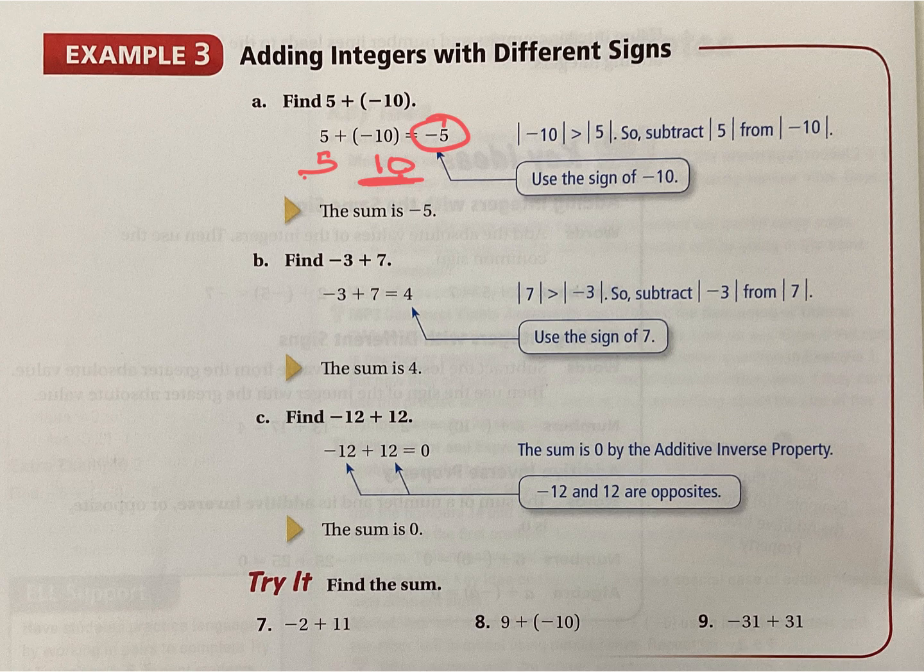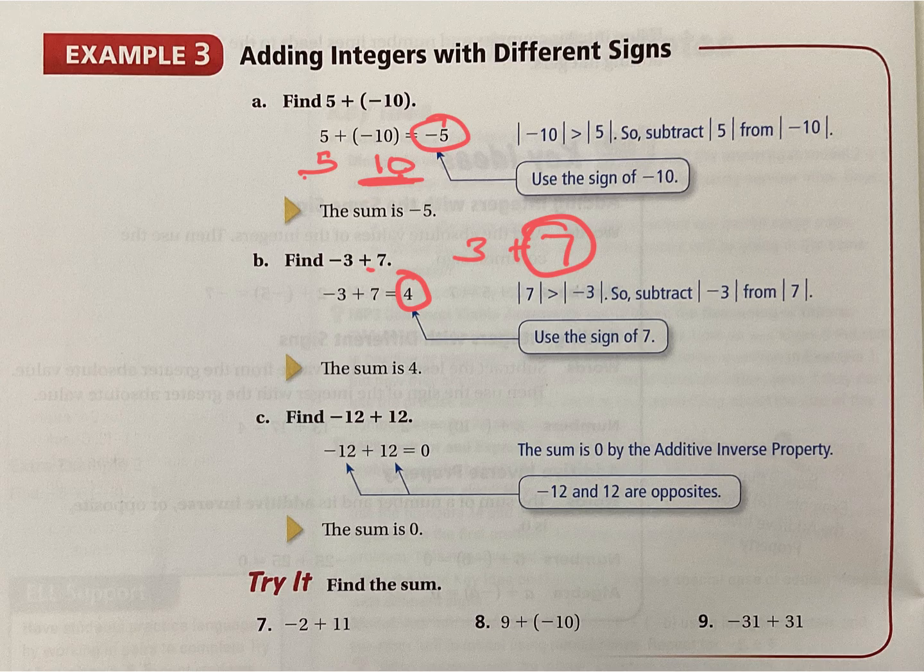B, negative 3 plus 7. Absolute values are 3 and 7. And so what you want to do is take the smaller away from the bigger. So 7 take away 3 is 4. And then I have to figure out which one is bigger. This absolute value 7 is bigger, so that's the sign I'm going to use, and it's a positive, so it's 4.